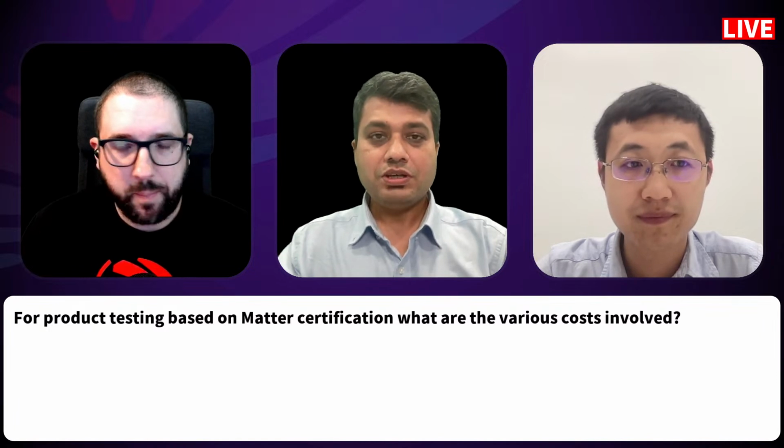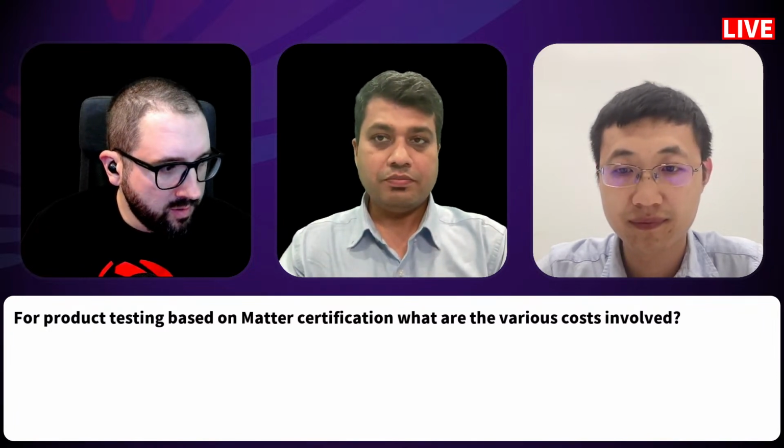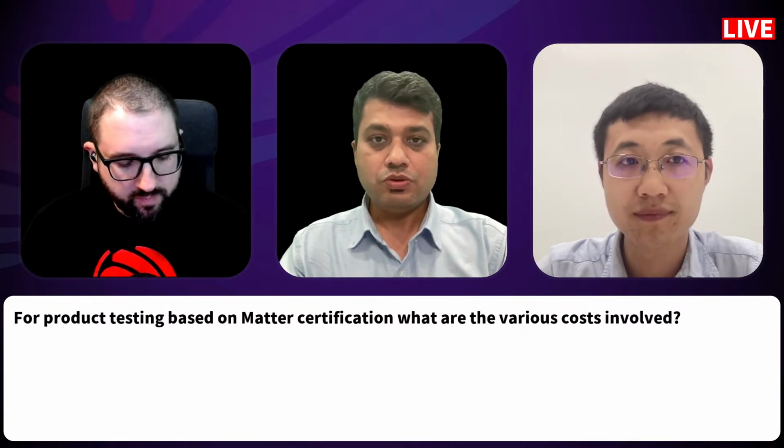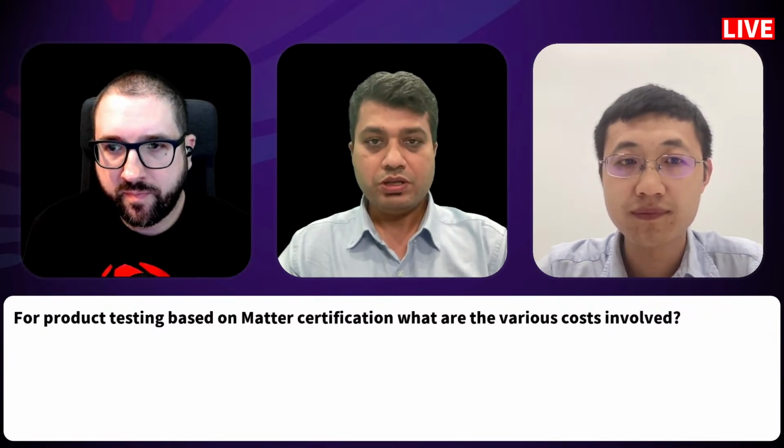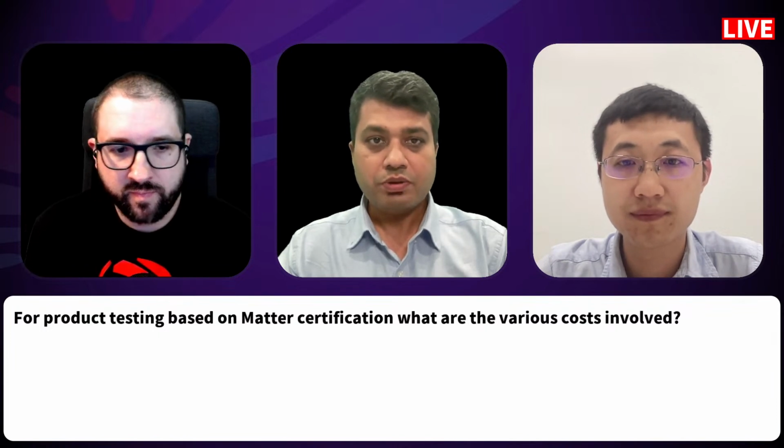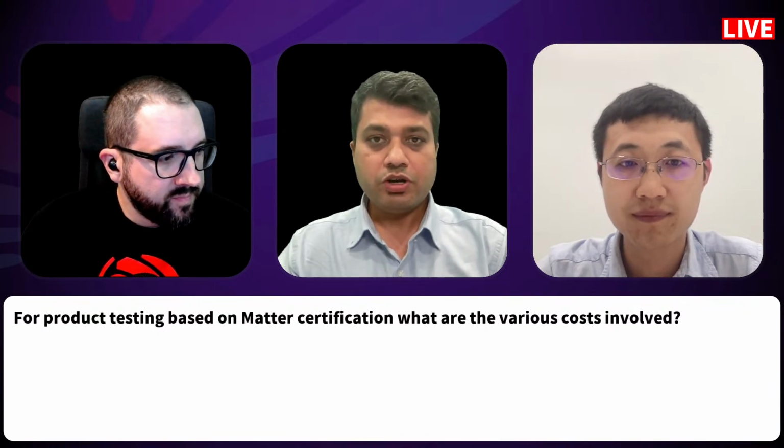Sure, I'll take that question. So for the product certification based on the complete testing, the first thing is the CSA membership fees. As you know, you have to be a non-associate member. You have to be either an adopter, participant, or promoter member to get your product certified using testing. You can find more details on the CSA website.